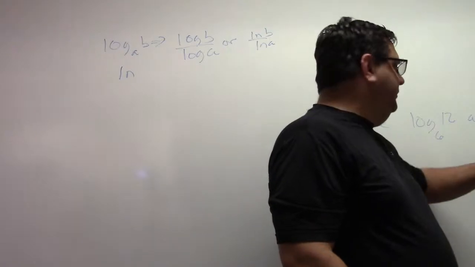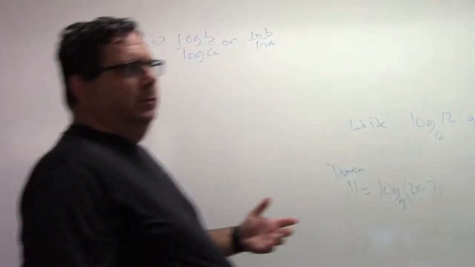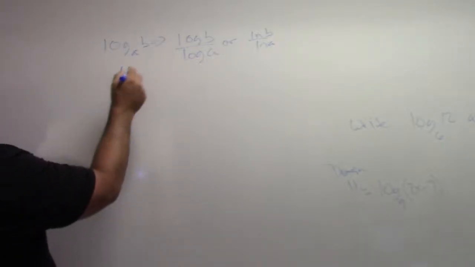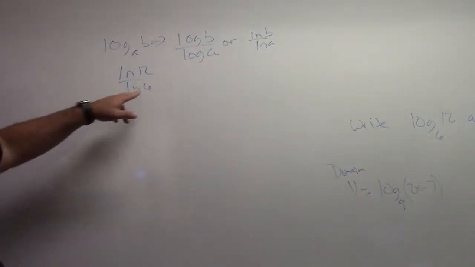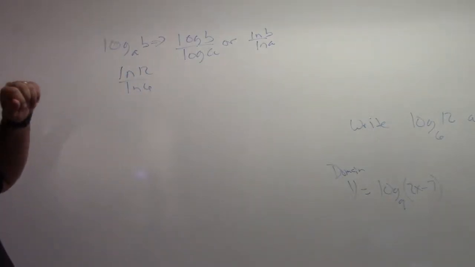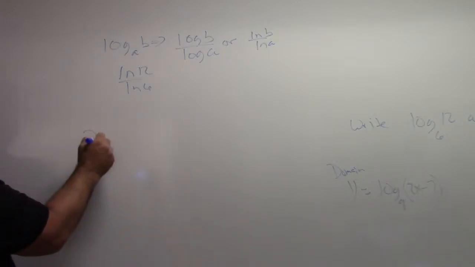So if I say natural log, then you have to use ln, like you have no choice. So it's ln 12 over ln 6. Now a lot of people want to try to cancel that. You can't do that. So the argument goes on top and the base is on the bottom.